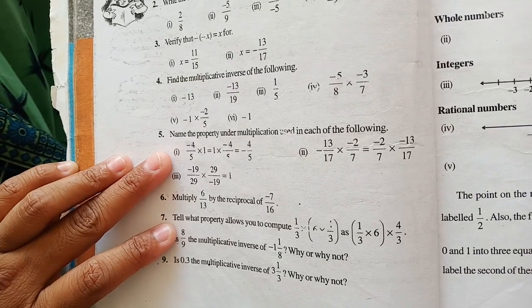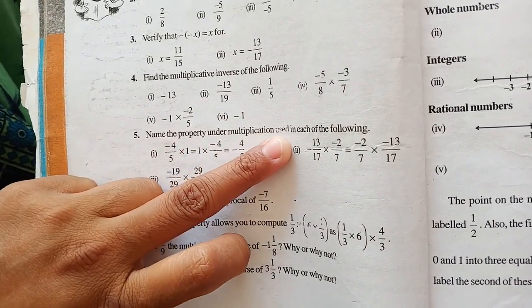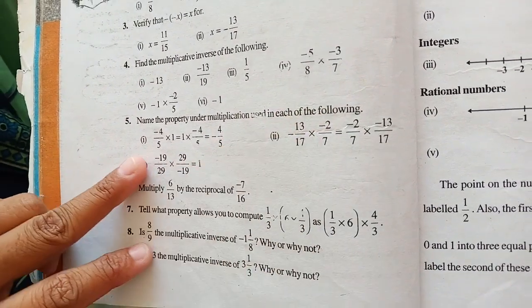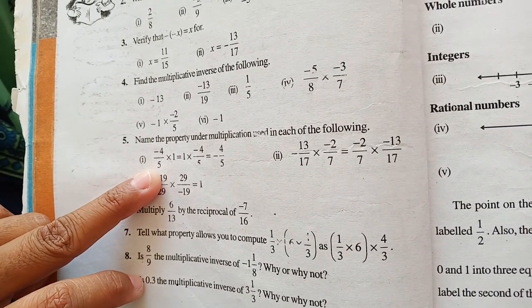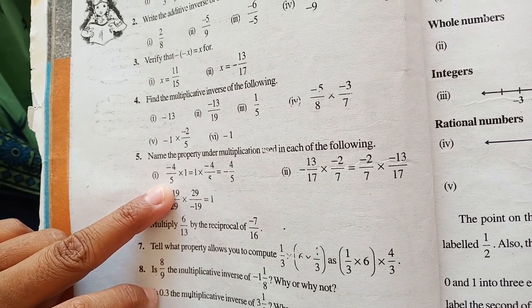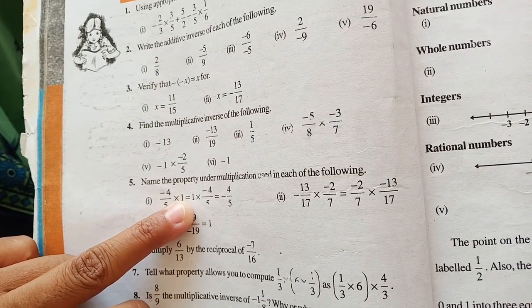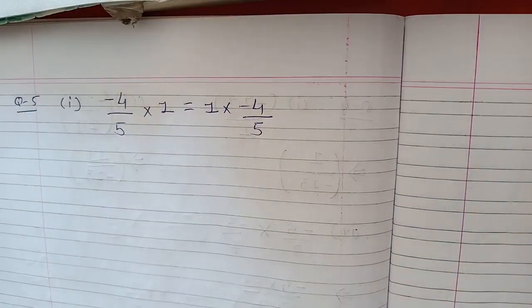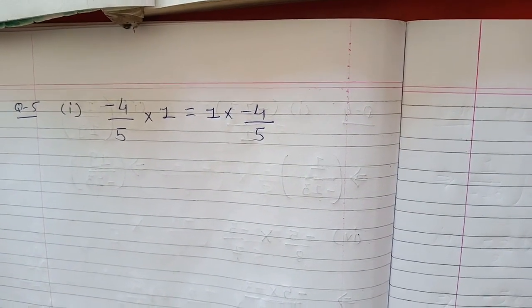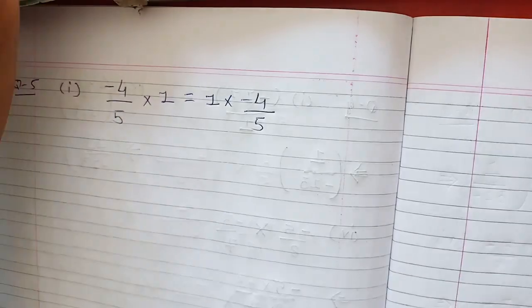Now after that, question number 5. In that you have to name the property under multiplication used in each of the following. Now first number: minus 4 upon 5 multiplied by 1 is equal to minus 4 upon 5. Here 1 is the second number, and after the equal sign 1 is the first number, and minus 4 upon 5 is in the first term, but on the right hand side 1 is at the first place.